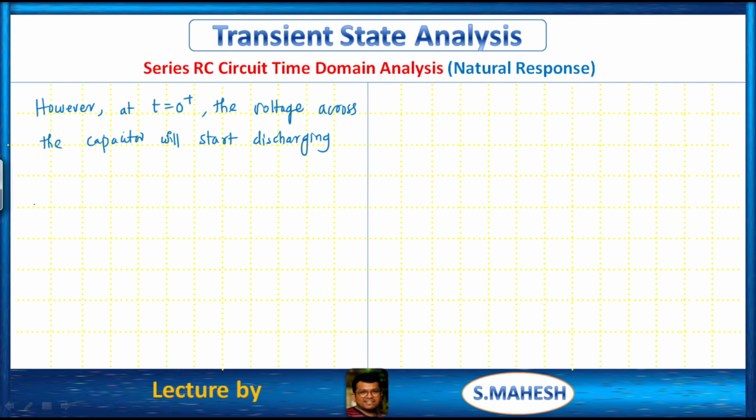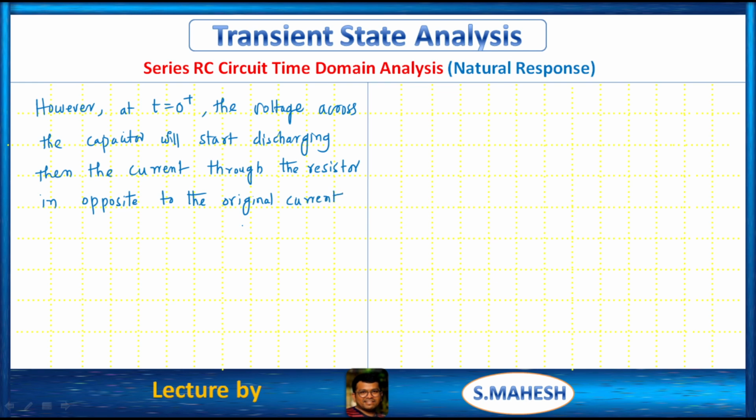Current through the resistor, then the current through the resistor in opposite to the original current, or you can say the current through the resistor in opposite to the original current direction.